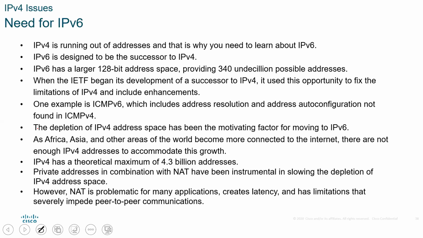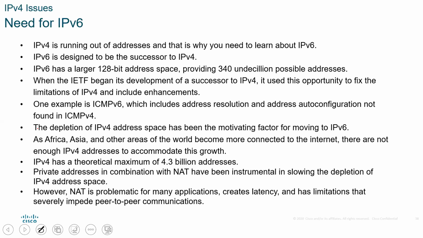As Africa, Asia, and other areas of the world become more connected to the internet, there are not enough IP version 4 addresses to accommodate this growth. IP version 4 has a theoretical maximum of 4.3 billion addresses. Compare that with about 340 undecillion.